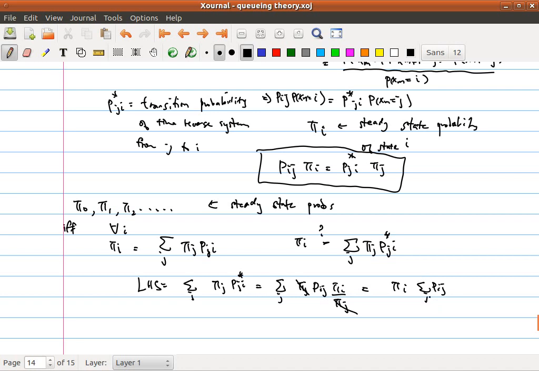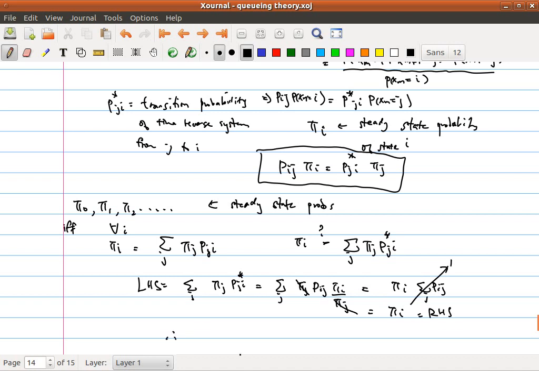Of course this should sum out to 1, because the probability needs to transit to somewhere. So if we sum over all the possibilities, it sums to 1, and therefore it is equal to pi_i. That shows that this is equal to the right hand side.